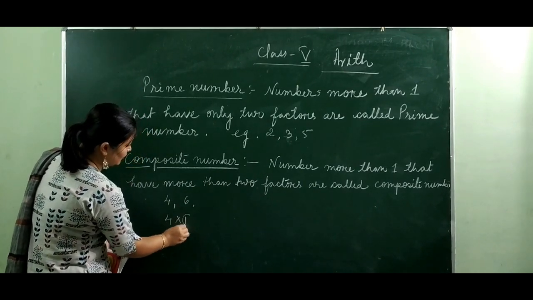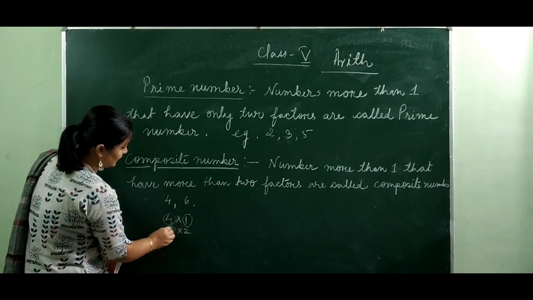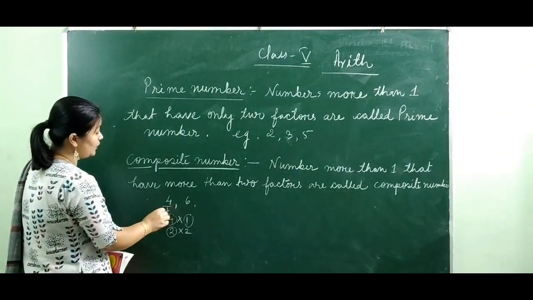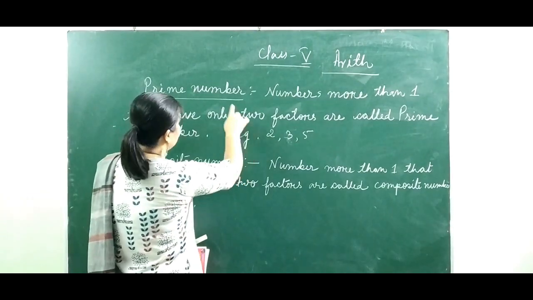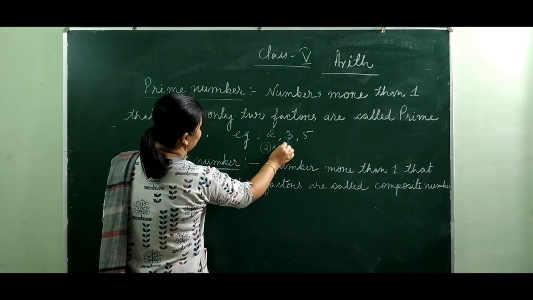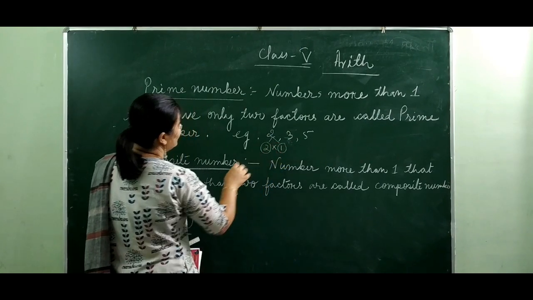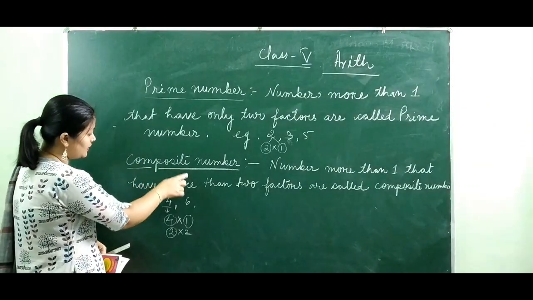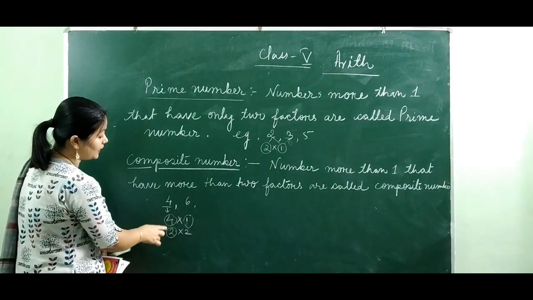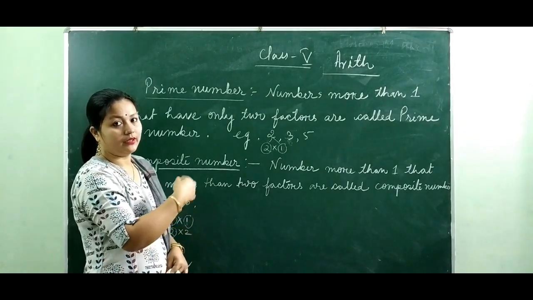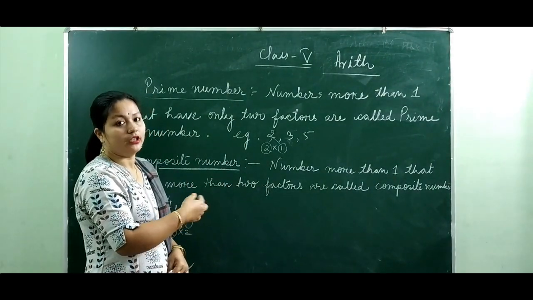You can see 1, 2 and 4, so these are the 3 factors of 4. When we go to the prime number 2, we see only 1 times 2, so these are the only 2 factors of 2. So a prime number has only 2 factors and a composite number has more than 2 factors. Here we have 3 factors. For other numbers, when you get a larger number, it will have more factors.